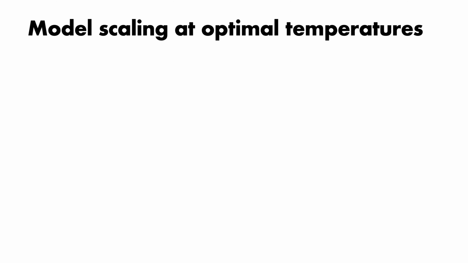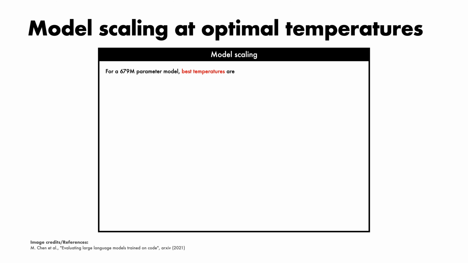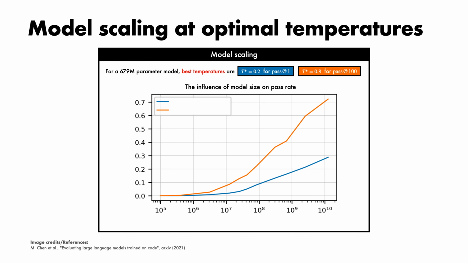From the temperature analysis, we find that the best temperatures for a 679 million parameter Codex model are 0.2 for pass@1 and 0.8 for pass@100. To complement the loss plot that we saw earlier, we can use these temperatures to plot the influence of model size on pass rate.